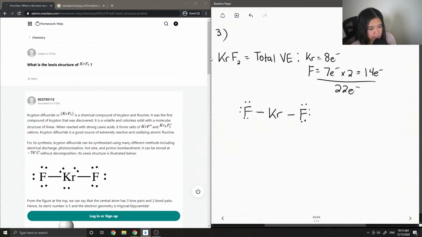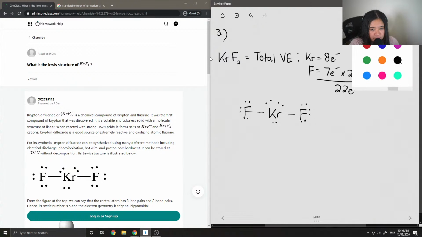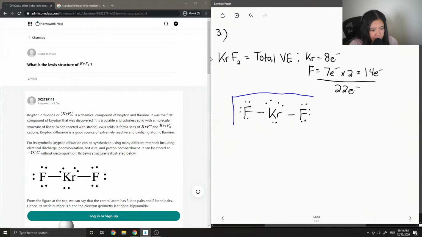So we have 16, but we need 22 in total. So now I'll just draw all of the extra electrons on the krypton. So starting from 16, we can count up to 22. So 17, 18, 19, 20, 21, 22. Okay, so this is the final Lewis structure for krypton difluoride.